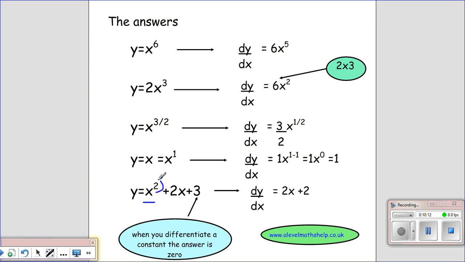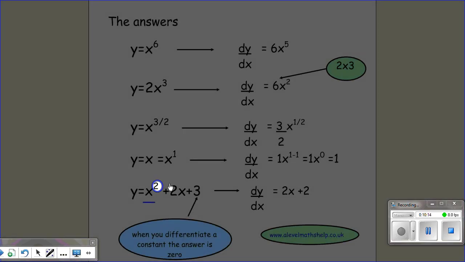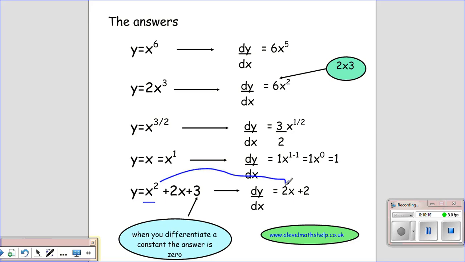So we take the power and we multiply by the power. We take away 1 from the power. So 2 take away 1 will give us 1. We don't need to write the little 1 in, but we can do. And then when we differentiate 2x, this is the same as 2x to the power of 1. So we take the power, we multiply by the power.